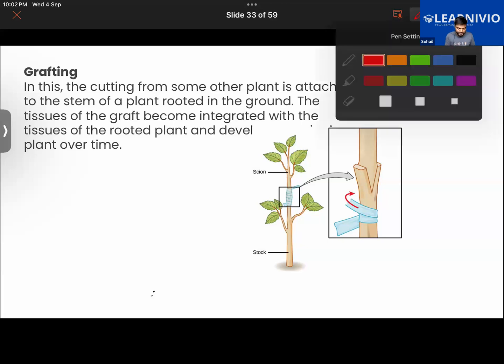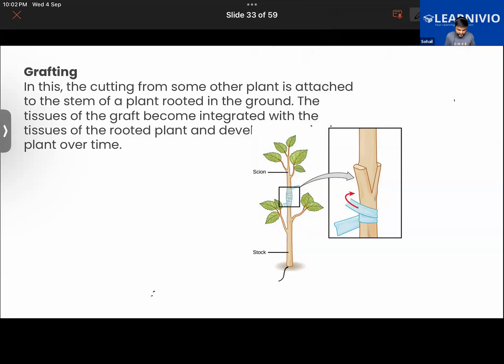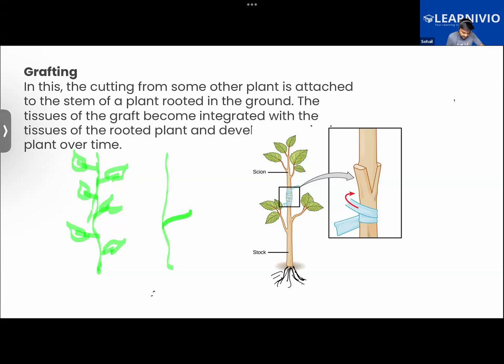Say this is a plant over here. First of all, let us take the example of two plants. This is plant A, and this is plant B here.